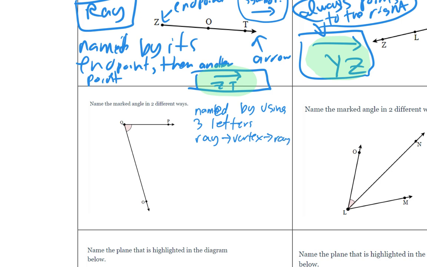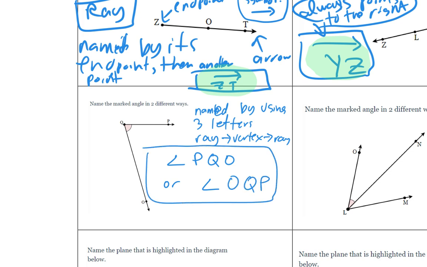So if we go ray, vertex, then ray, we'd say P, Q, O. So we would say angle PQO, or we can go the other way, angle OQP. Okay, so that's our answers on that.